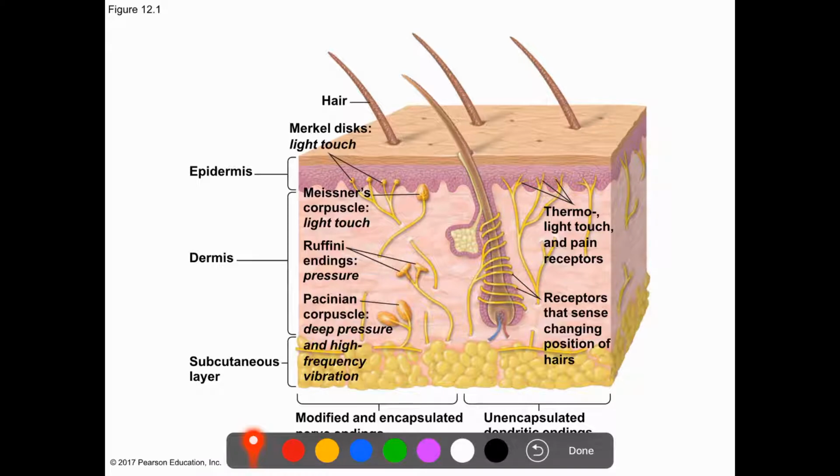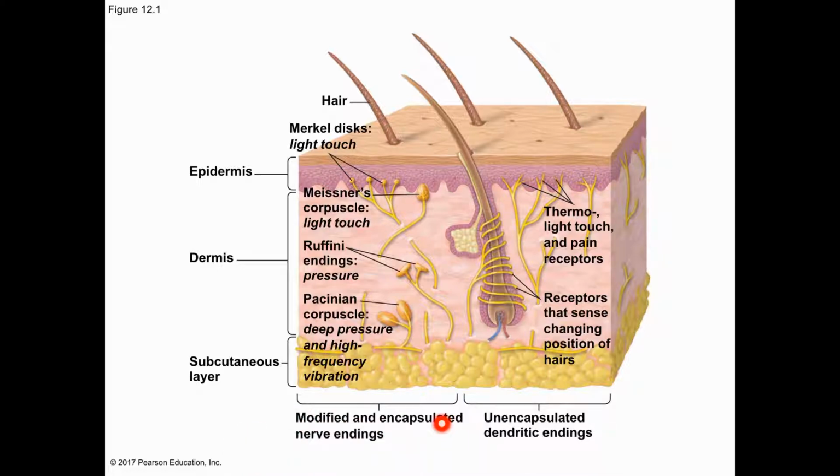And the other part, we have the encapsulated nerve endings, modified and encapsulated nerve endings. Like, for example, the Meissner corpuscle. This is for light touch. For example, if there are insects walking on your skin, it will be detected by this Meissner corpuscle, and the Merkel discs are also for light touch.